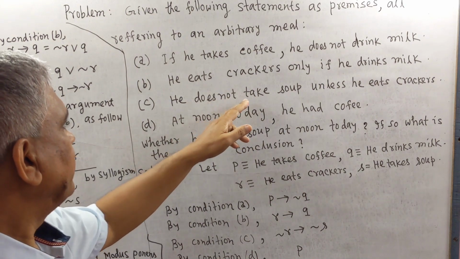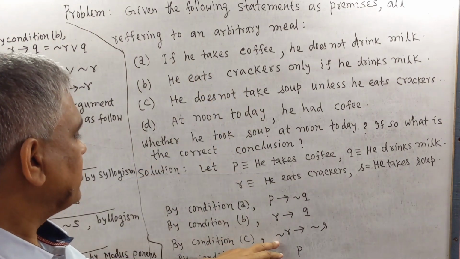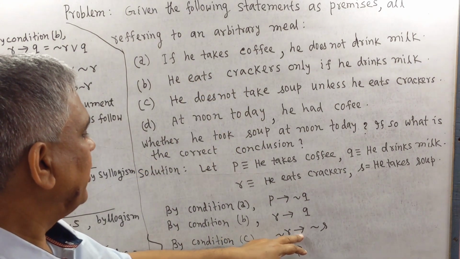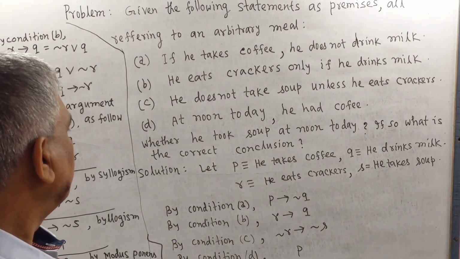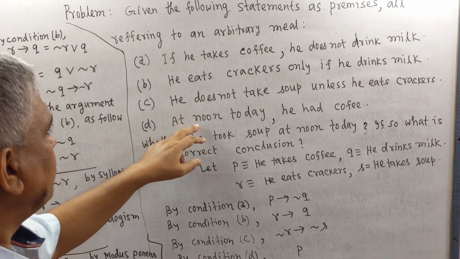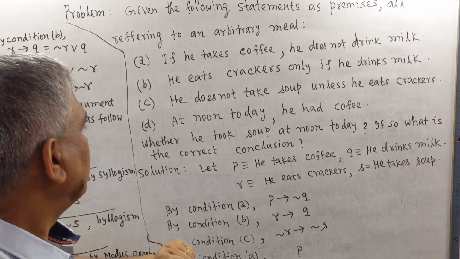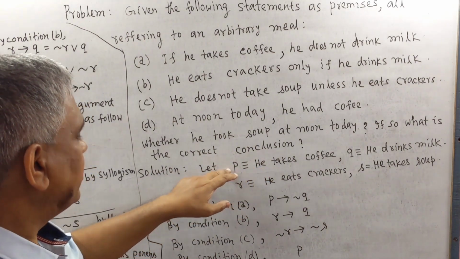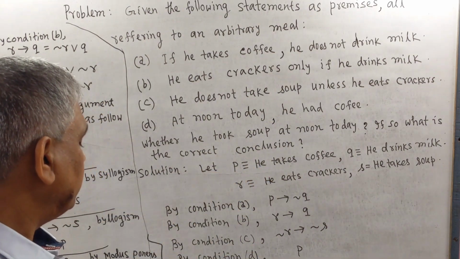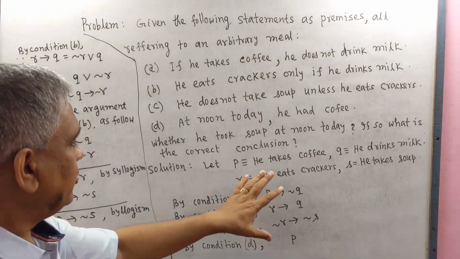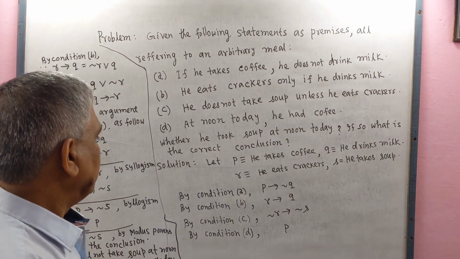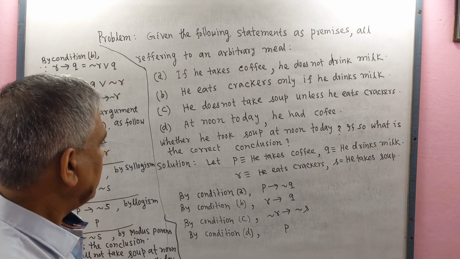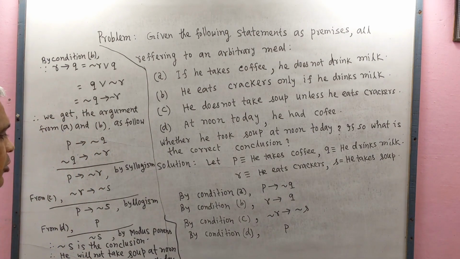He does not take soup means negation R implication negation S. D, at noon today he had coffee. Coffee is statement P. We will have to solve these conditions with the help of laws of inference.